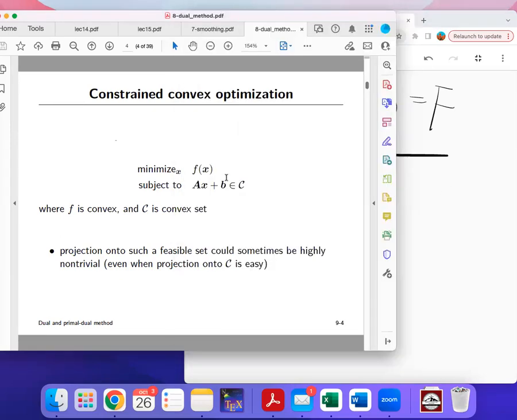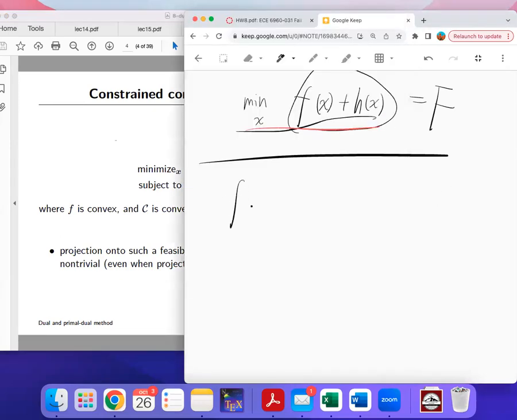So this problem can be written as f(x) plus the indicator of Ax plus b belongs to C. This indicator is 0 if this condition is met, otherwise it will be positive infinity.